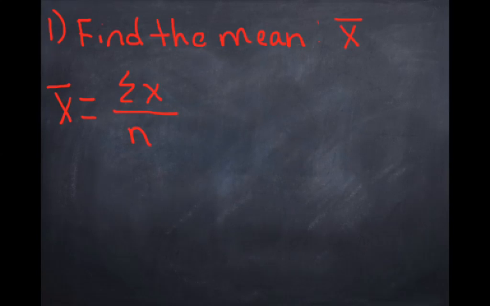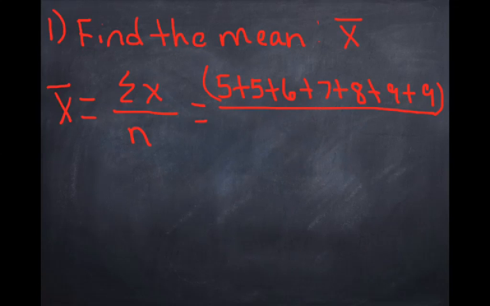How many values do you have? So X bar is going to be equal to 5 plus 5 plus 6 plus 7 plus 8 plus 9 plus 9. You want to find their total sum, and then count how many values we have. We have 7 values, so you're going to divide that sum by 7.